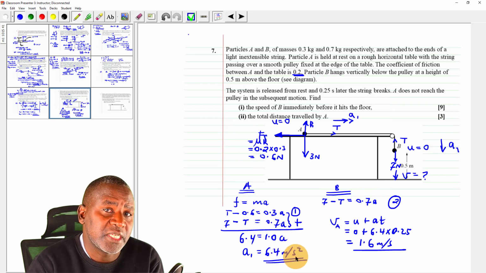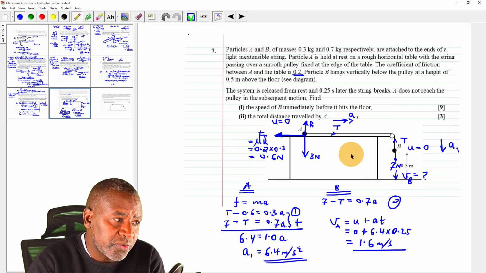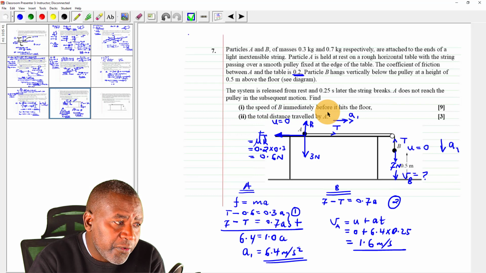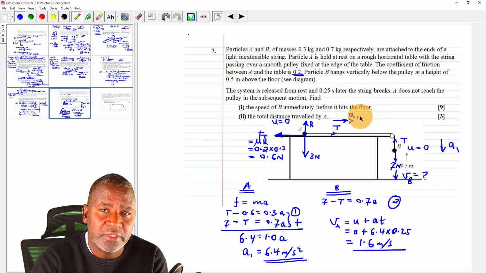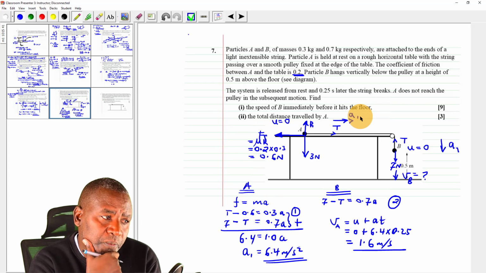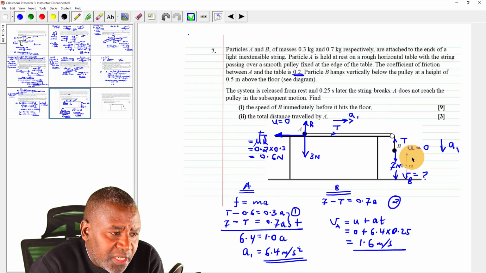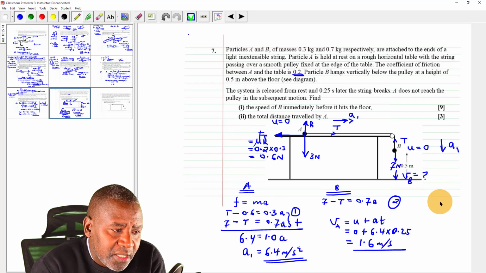6.4 meters per second squared. So what is it that I need? I need the final velocity of B just before it hits the ground, the speed of B immediately before it hits the ground. At that point, when it just makes contact with the floor, what is its speed? Now, I've got the speed it has in the second motion.